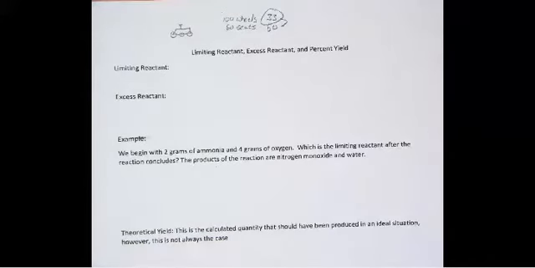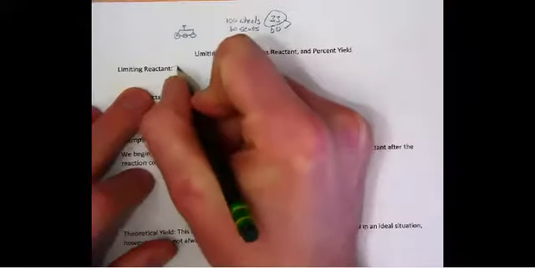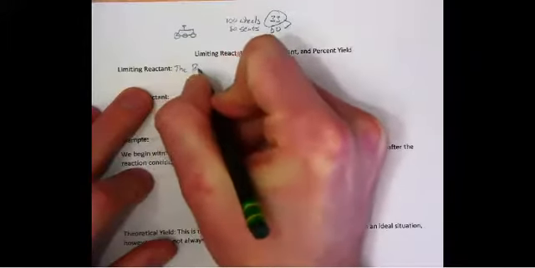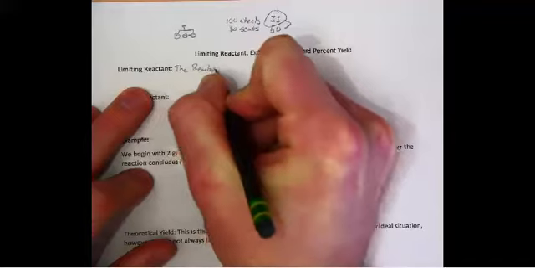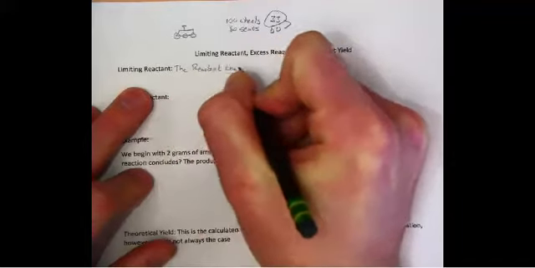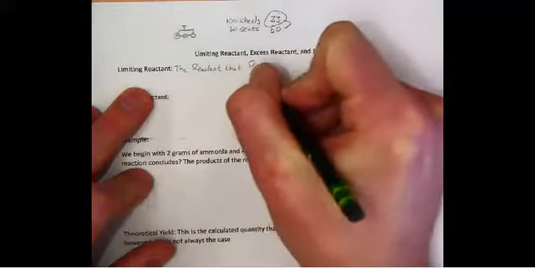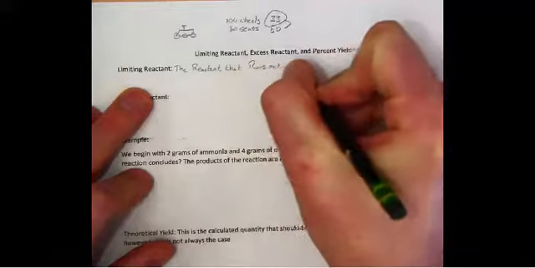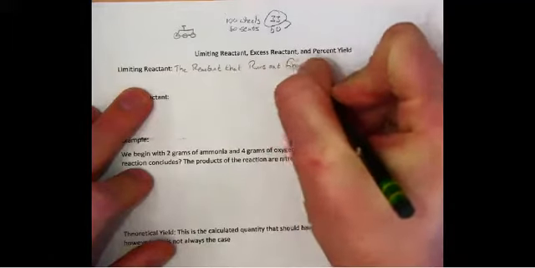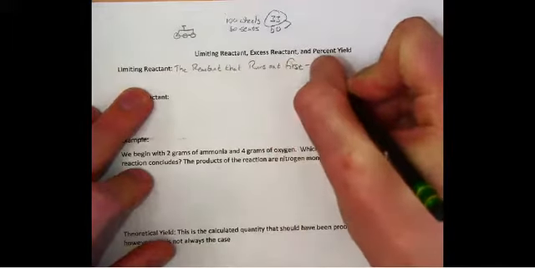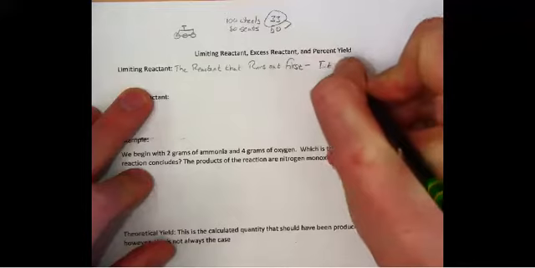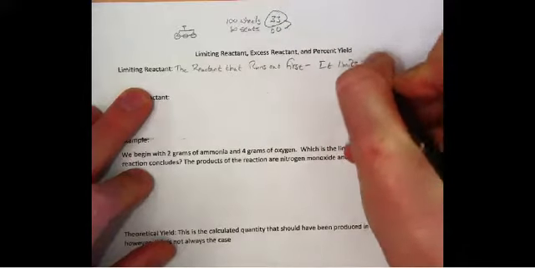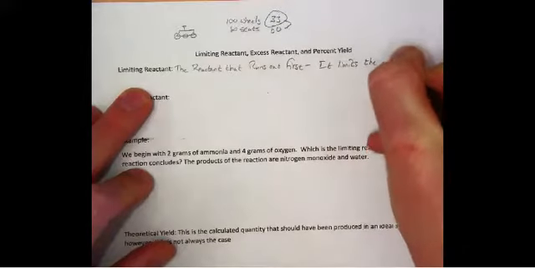So first, a limiting reactant is defined as the reactant that runs out first. So this limits the amount of product that can be produced.